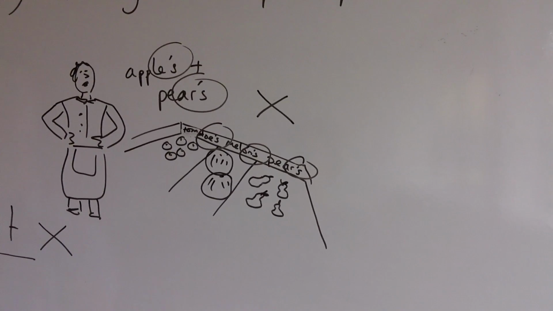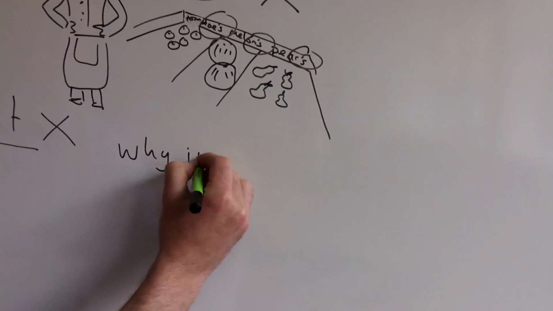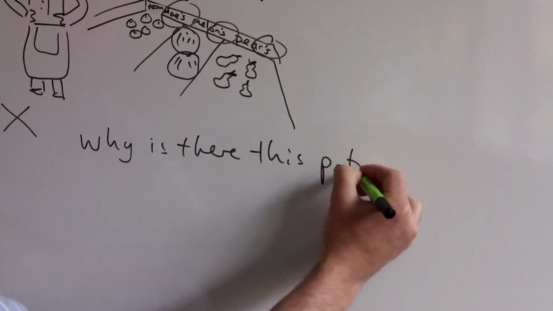Essentially, it is wrong. They've got it wrong. What they've done is they have put in an apostrophe on every word that ends with an S, and we should know better. But perhaps it's helpful because I can ask this question: why is there this problem?